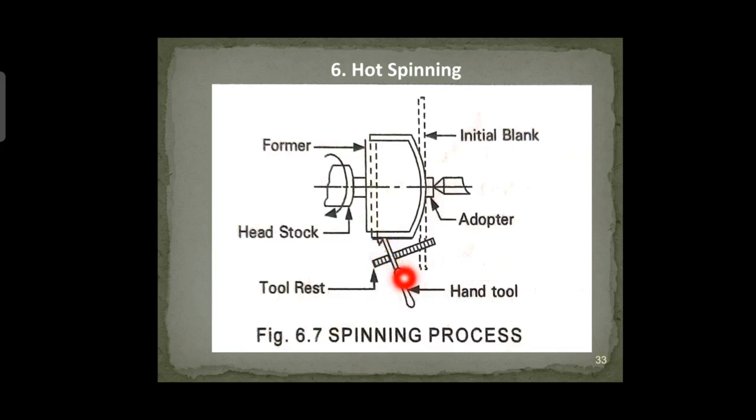This specially shaped tool is pressed against the blank, and we slowly move it to cover the former. Whatever you can see as dotted lines is actually the initial blank. Next, with the help of this hand tool, the specially made blunt tool, we press against the blank and slowly move to cover the former. We are moving and making it contact with the former.